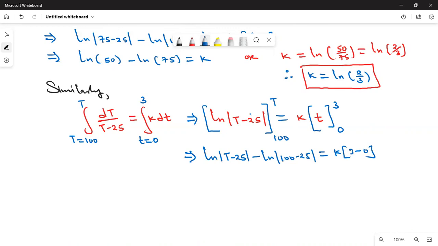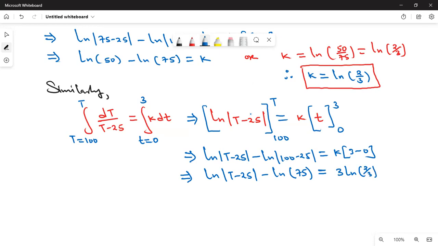So this can be written as ln of T minus 25 minus ln of 75 is equal to, remember we know the value of k, let me replace, and also here we have 3, so it is 3 ln of 2 over 3. I've replaced the value of k by log of 2 over 3.